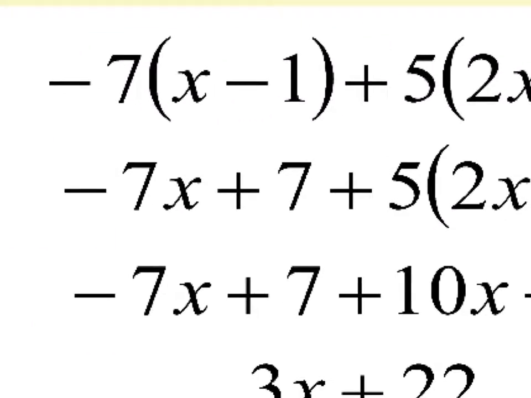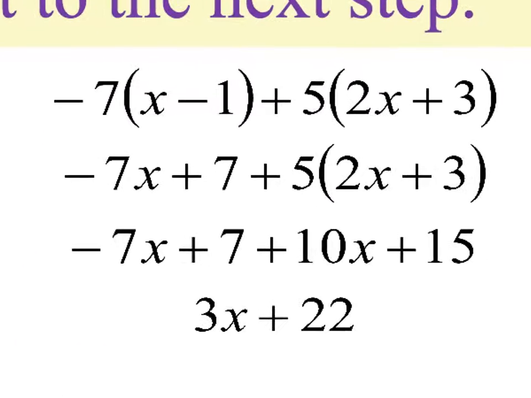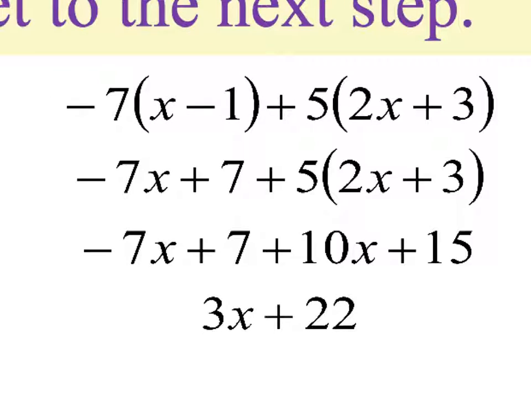Our next one is a tiny bit longer. We're going to take our negative 7 times x, and then negative 7 times negative 1. That gives us negative 7x plus 7.